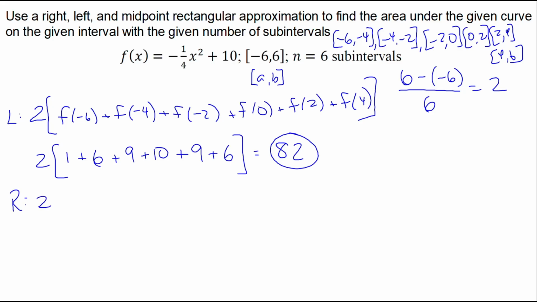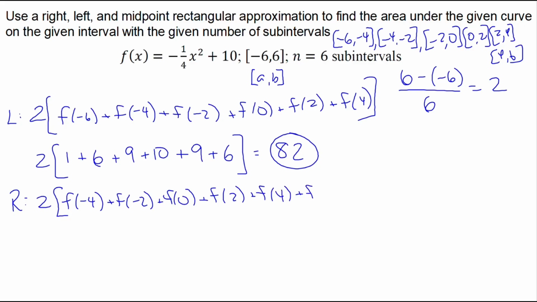And for our right, we're still going to have 2, and now it's going to be times the right endpoints of all of these. So that'll be f of -4 plus f of -2 plus f of 0, f of 2, f of 4, and f of 6, which is going to be 2 times, well, we already found f of -4, -2, 0, 2, and 4.